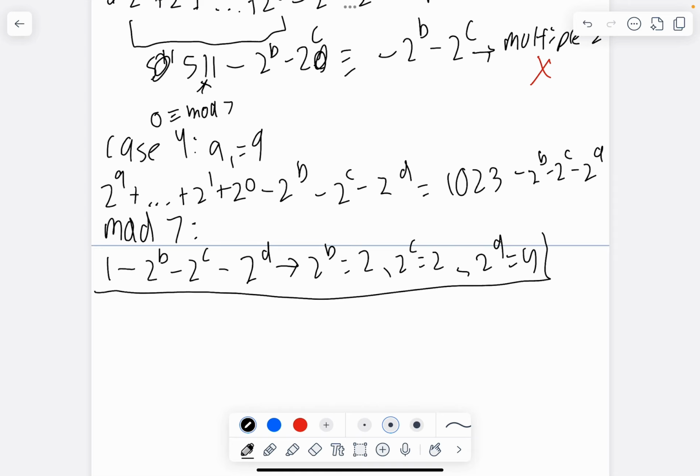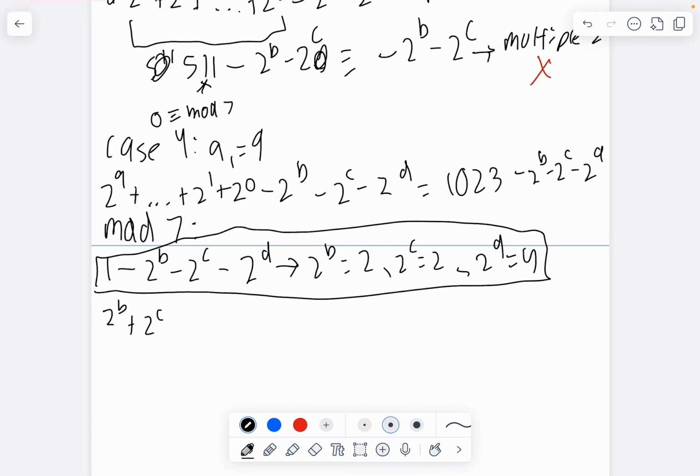So now, given this, let's just plug in the values. Well, these values are just placeholders. But to find n, we have to make 2^b plus 2^c plus 2^d the greatest possible.